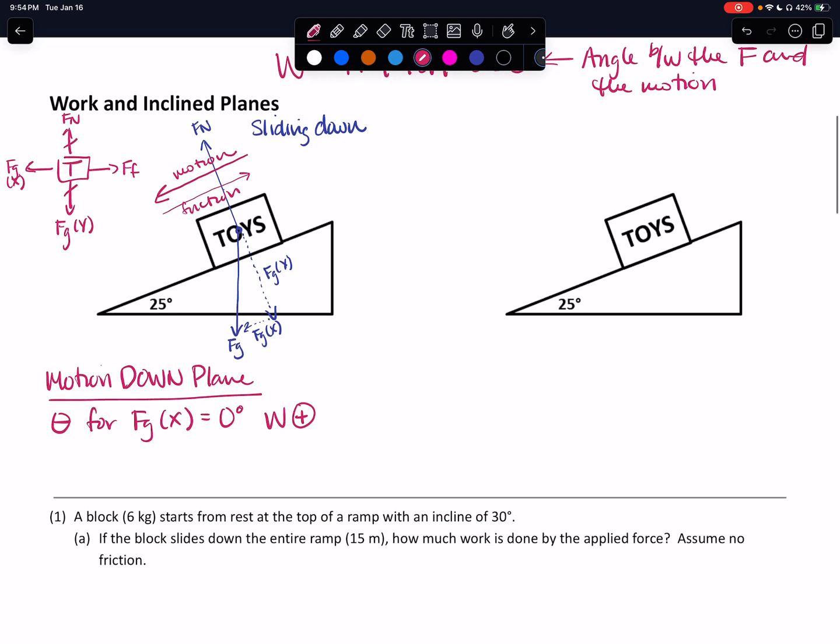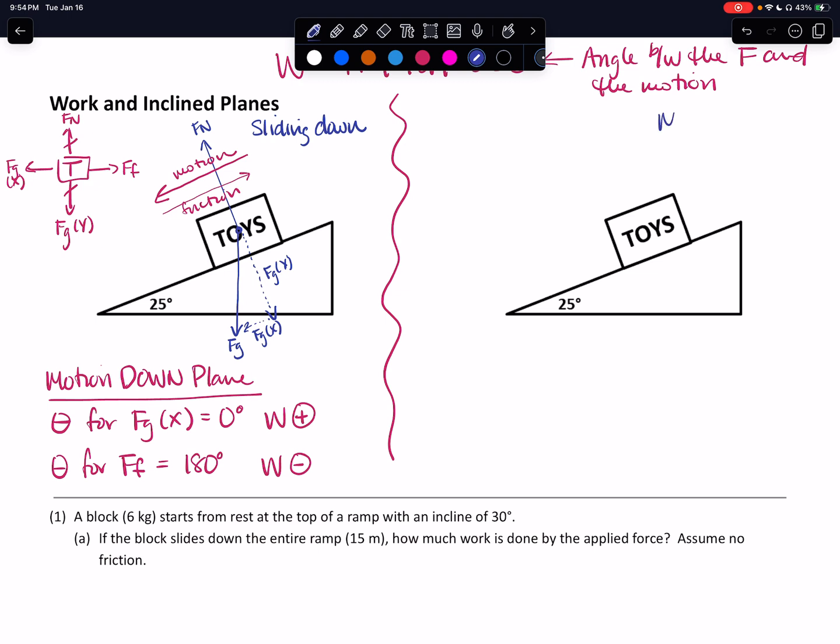The theta for our frictional force is going to be 180 degrees because that is exactly opposite of the motion, which means we get a cosine of 180 equal to -1, so our work value here will be negative. FGX is actually adding energy in to help with the motion of the object, whereas the frictional force is removing it and trying to slow it down. That's when the object is sliding down.